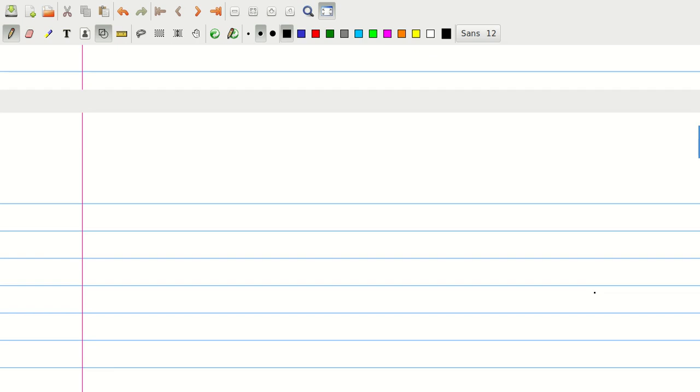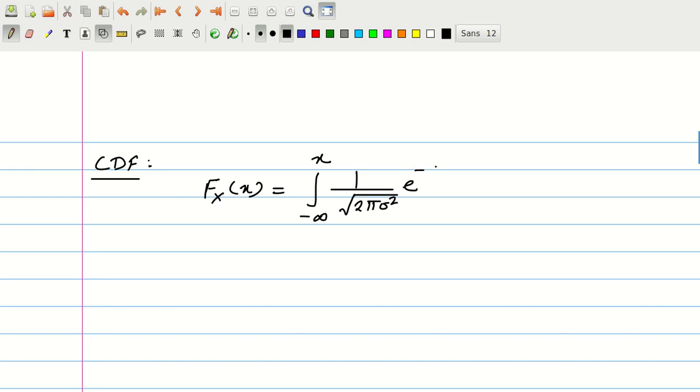The CDF, the cumulative distribution function for a Gaussian random variable, is given as follows: capital F subscript capital X of a small x equal to integration minus infinity to x 1 over root 2 pi sigma squared into e to the power minus some dummy variable tau minus mu whole square upon 2 sigma squared d tau.